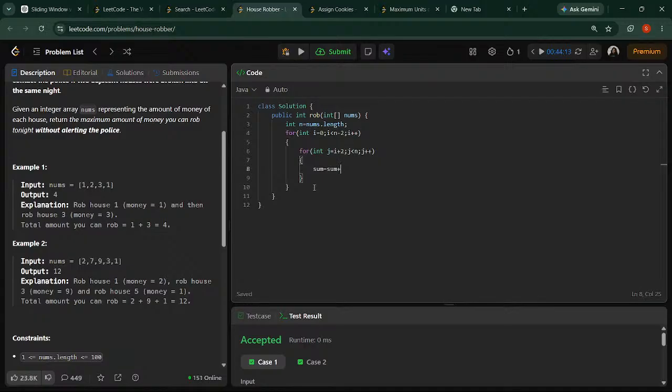I'm just saying 1 and 3, and 1 and 1. Can the robber also rob backwards? It will be the same. Sum equal to sum plus nums of i plus nums of j. I think we should not do sum plus. I should store.